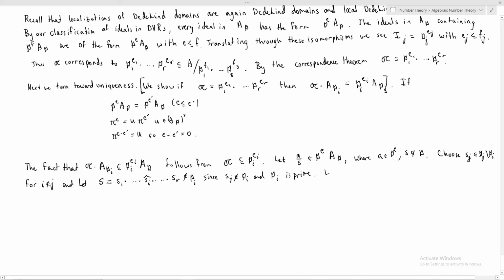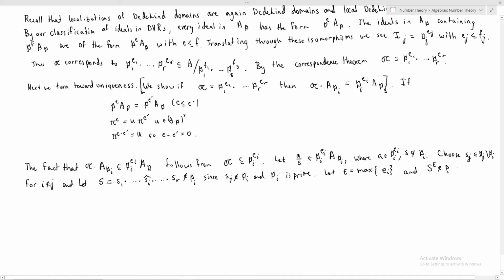So we're going to let e be the maximum power that appears. And again, since s is not in P, this capital S to the e is not in P_i as well.